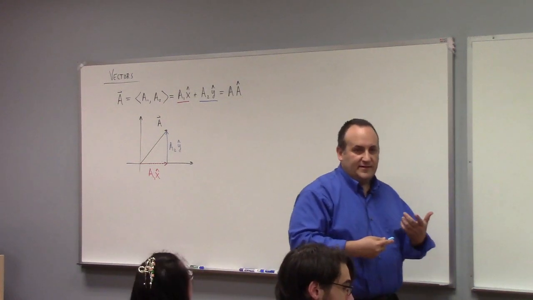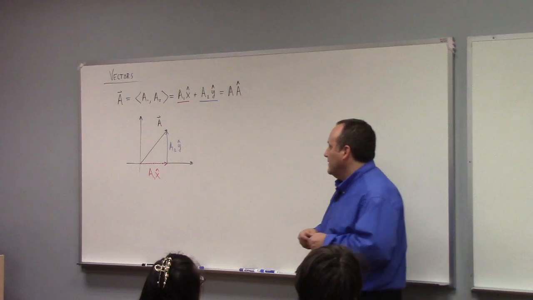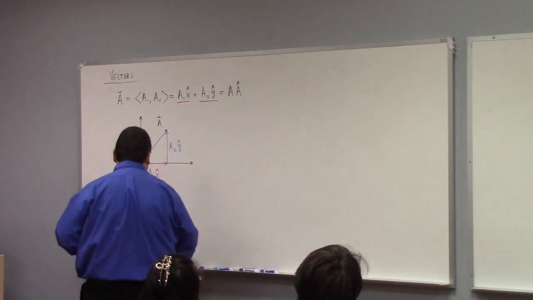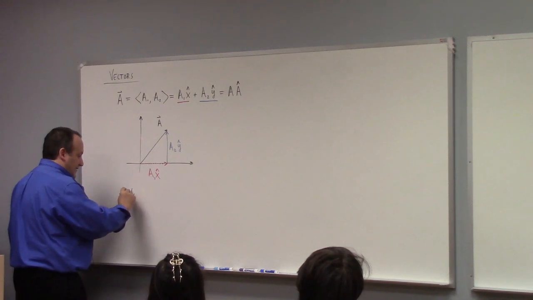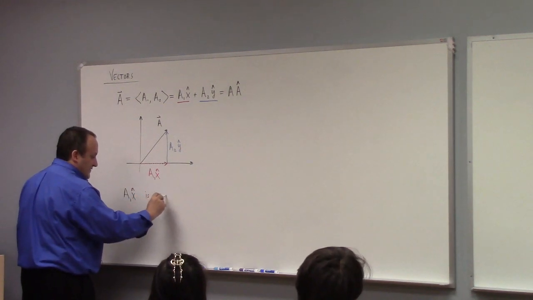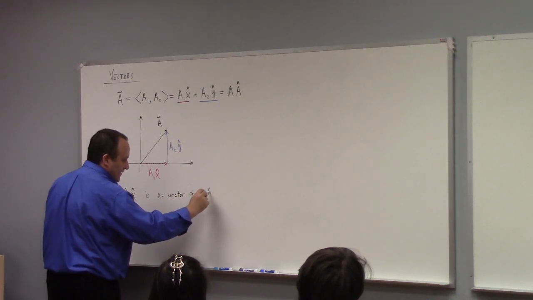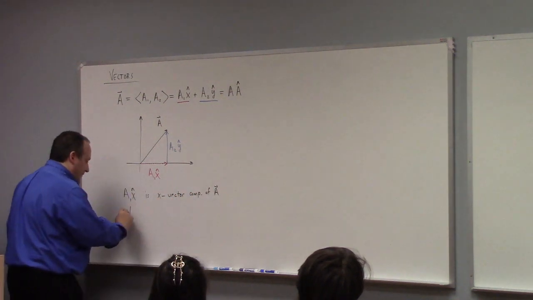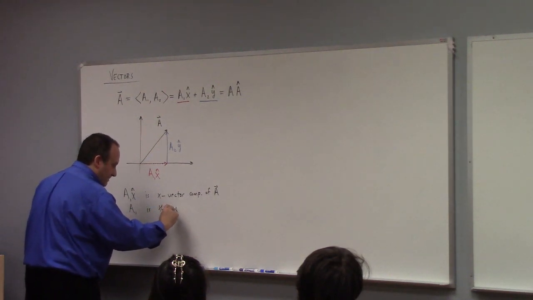The vector component is, again, a vector. On the other hand, A1 and A2 are the scalar components. So A1 x hat is the x vector component of the vector A, whereas A1 is just the x component.